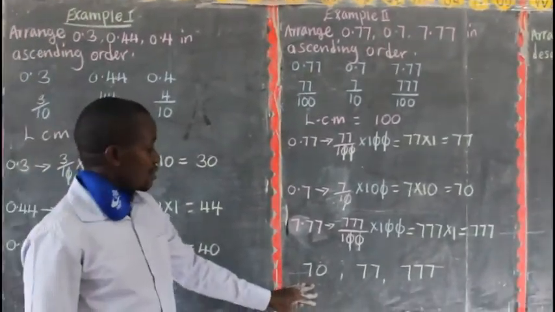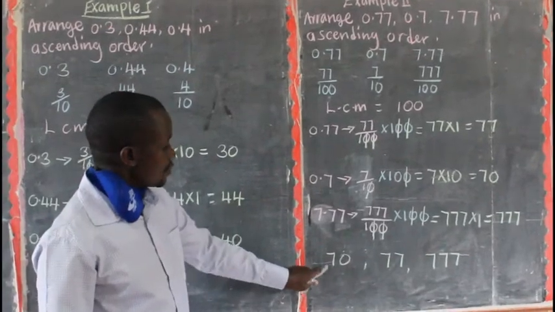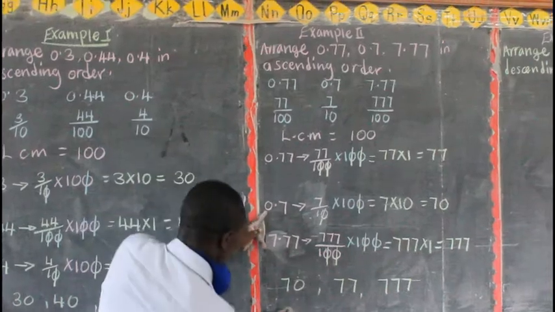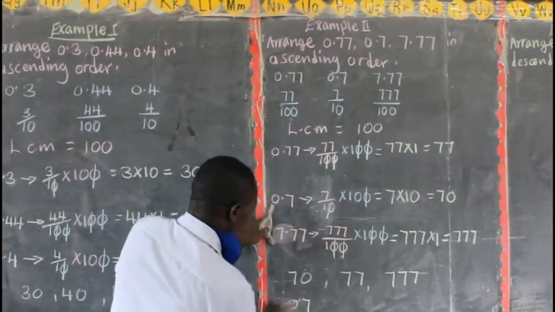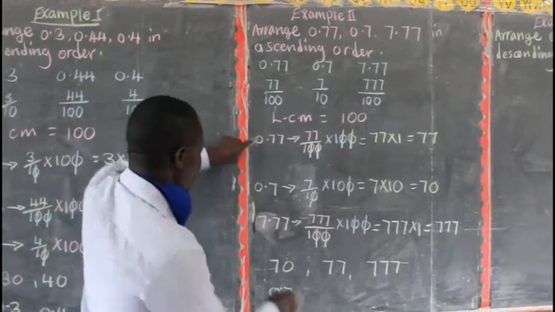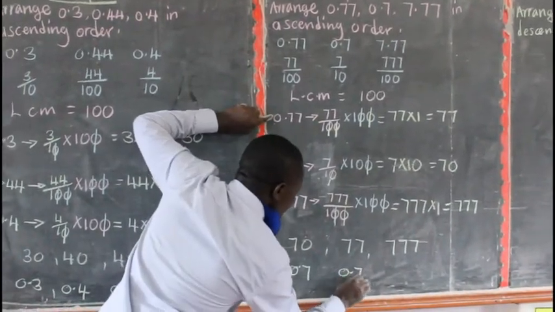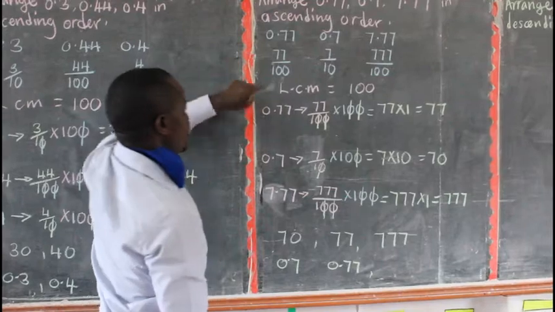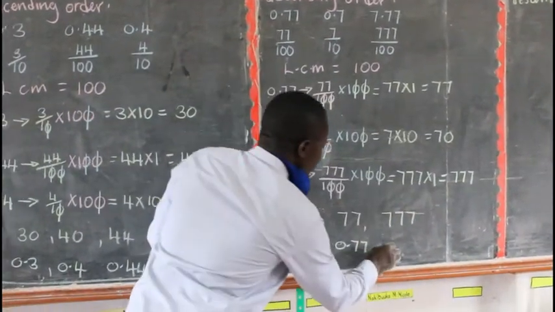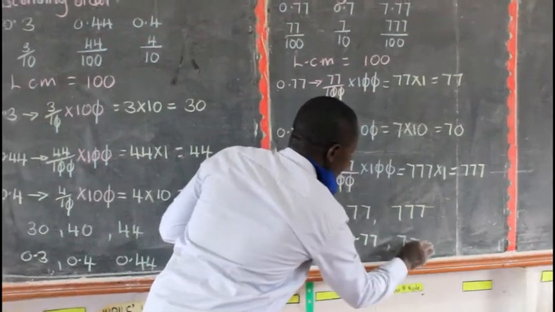Therefore, you go and look for the decimals. 70 is here. Its decimal is 0.7. Then 77 is here. Its decimal is 0.77. Then 777 is here. Its decimal is 7.77.